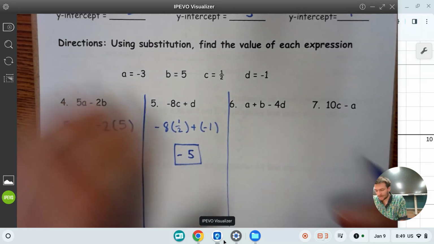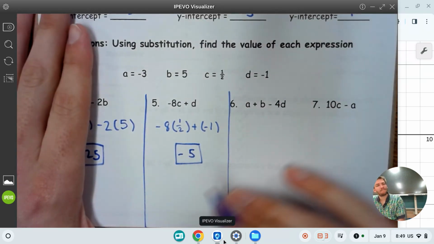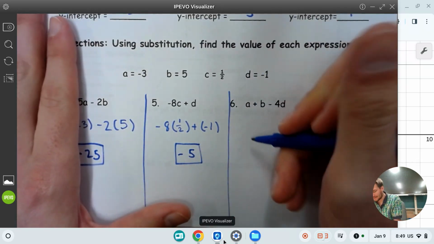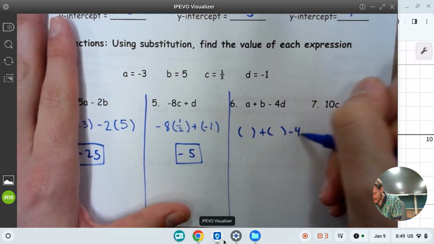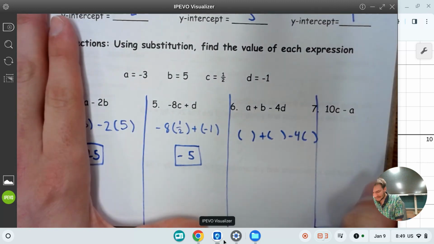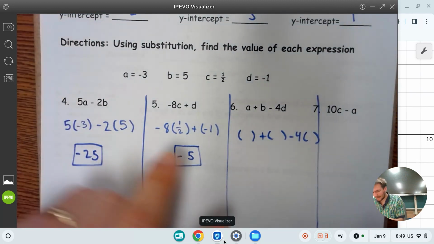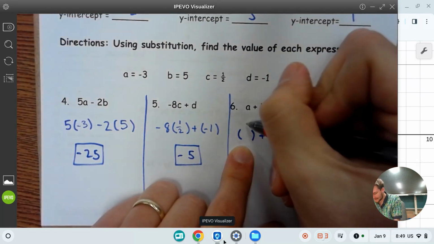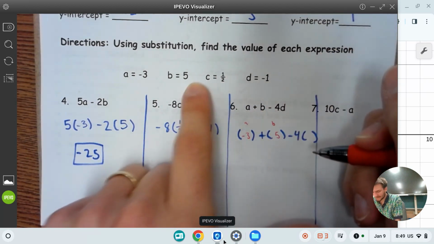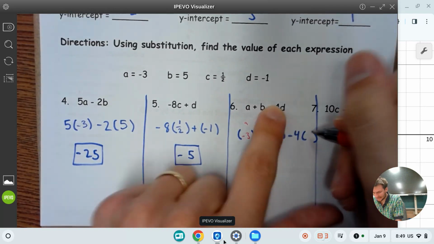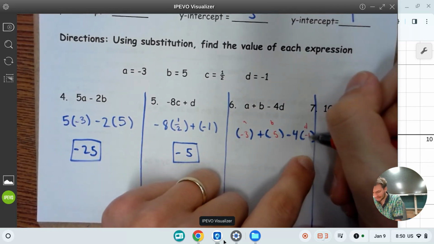Sometimes we get this wrong if we rush ourselves a little bit and we plug in the letters in the wrong place. So this one is A plus B minus 4D. And so we got to put the A letter in here, which is -3, the B in here, which is 5, and the D in here, which is -1.